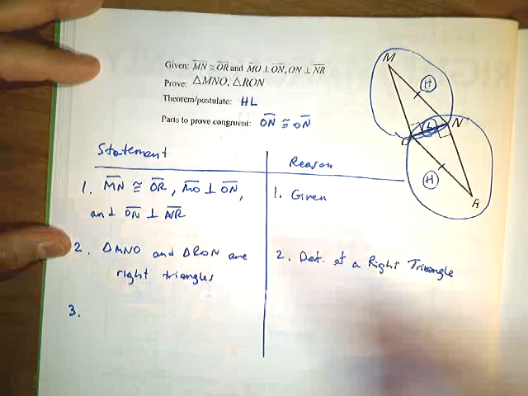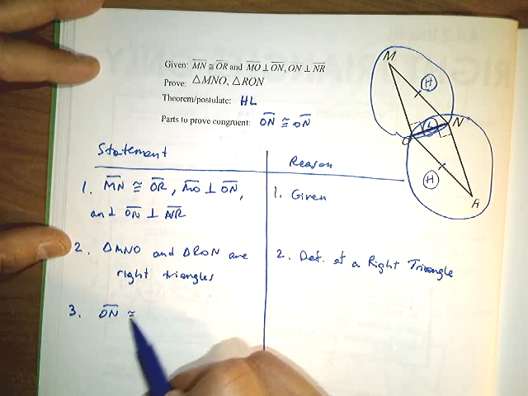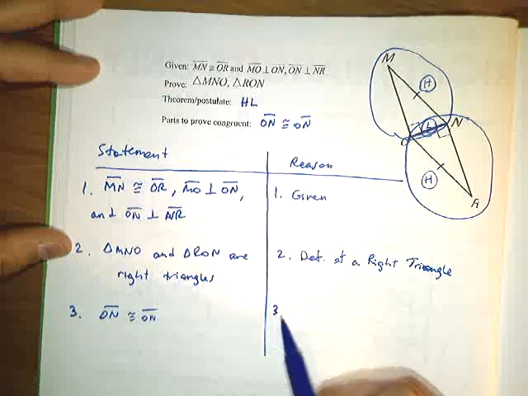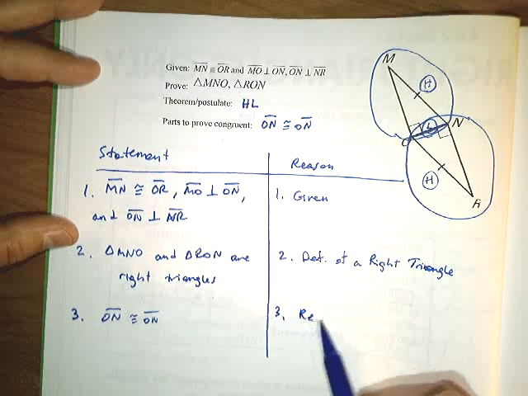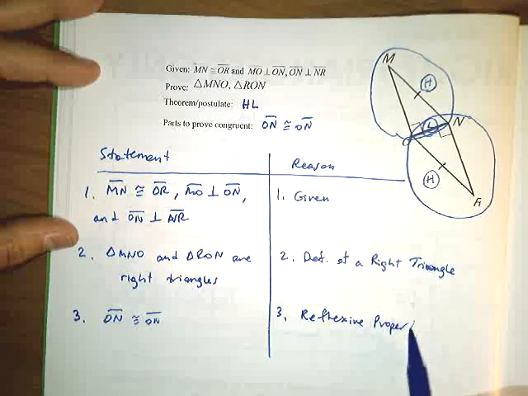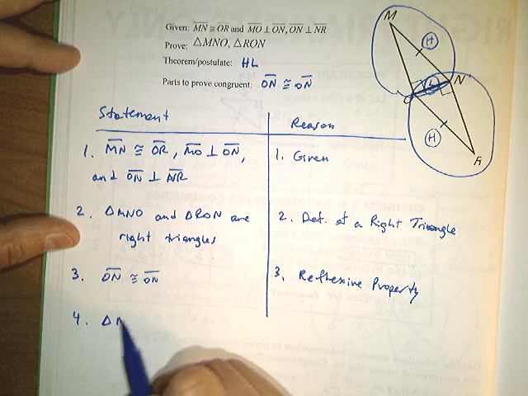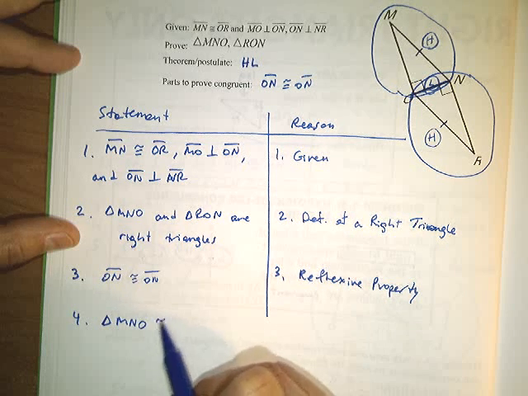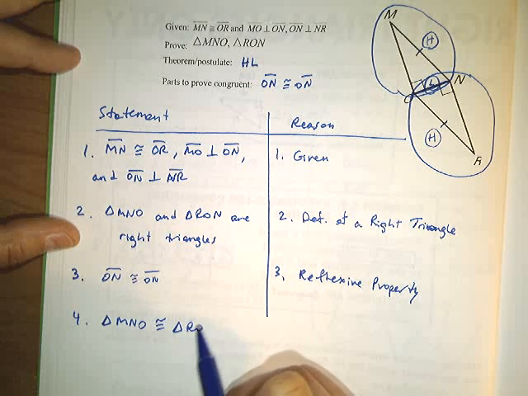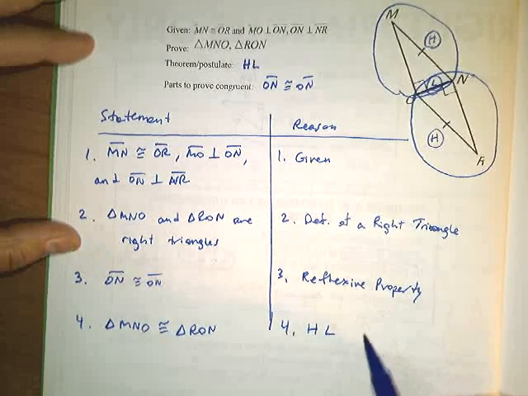Number 3, I could state that ON is congruent with itself because of the reflexive property. And then finally I'd be able to say that triangles MNO and RON are congruent with each other because of the hypotenuse leg congruence theorem.